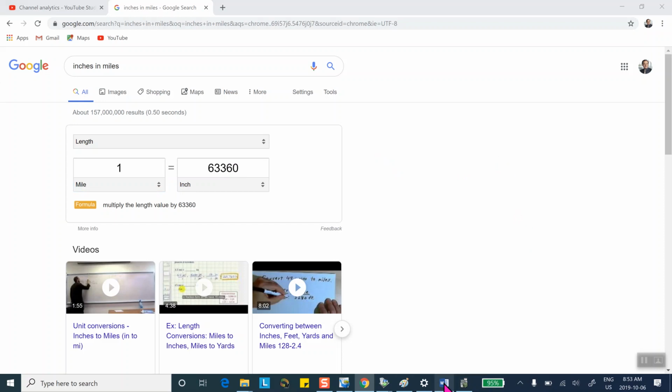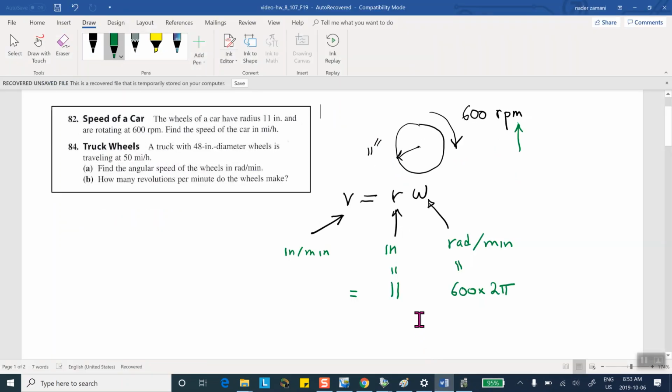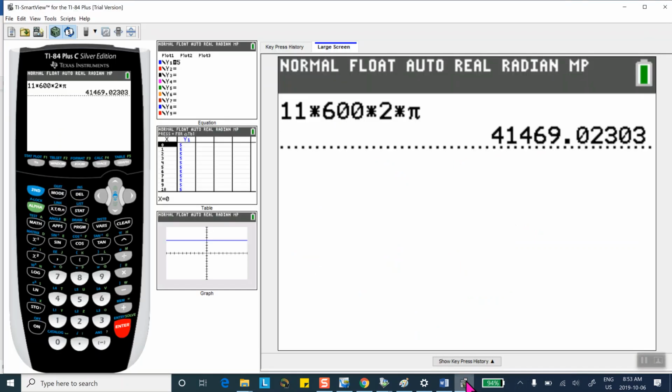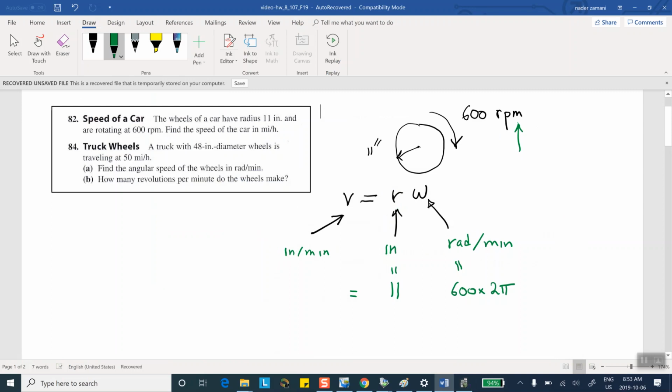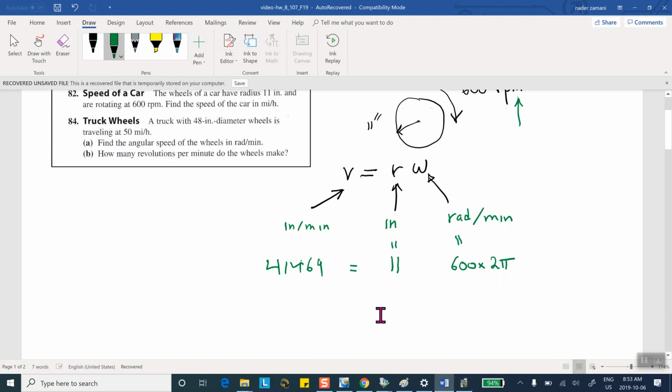So if I want to convert the number that I got, let me write it down: 41469 inches per minute.